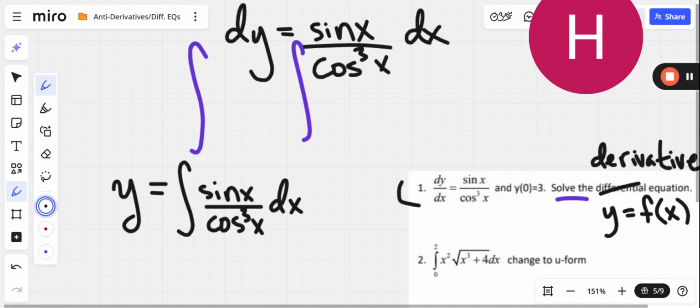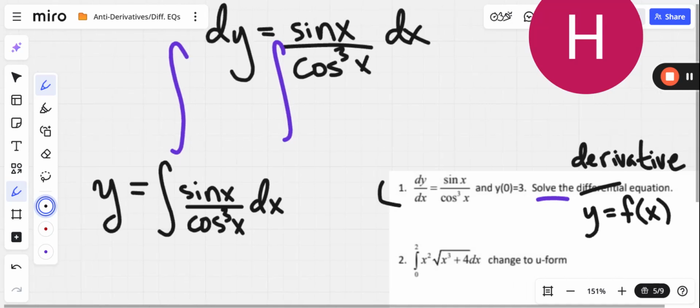I'm sort of curious, for those of you who tried, maybe you can mention which method or which approach stood out to you. This can be done sort of directly by a U-sub at this point. And remember that we're going to have plus c when we do this, because this is an indefinite integral.